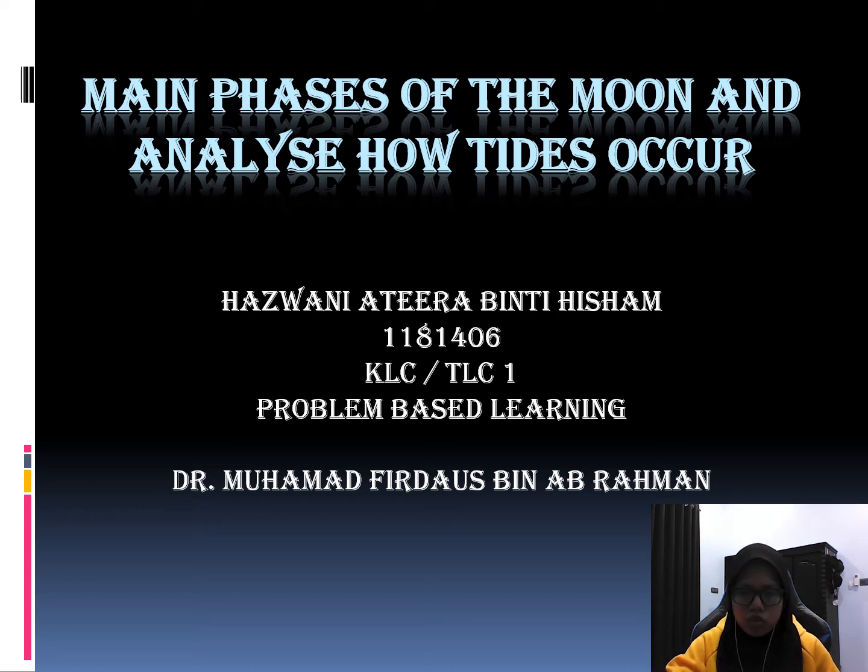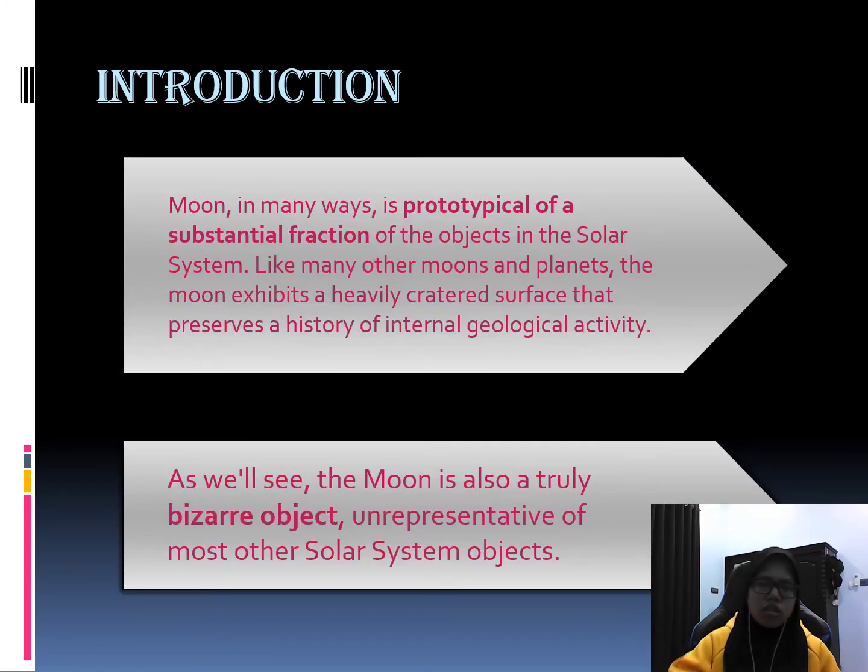So before we go through further about the topic, I would like to explain first about the introduction of the topic. Basically, in my research, the moon, in many ways, can be defined as a prototype of a substantial fraction of the objects in the solar system, like many other moons and planets.